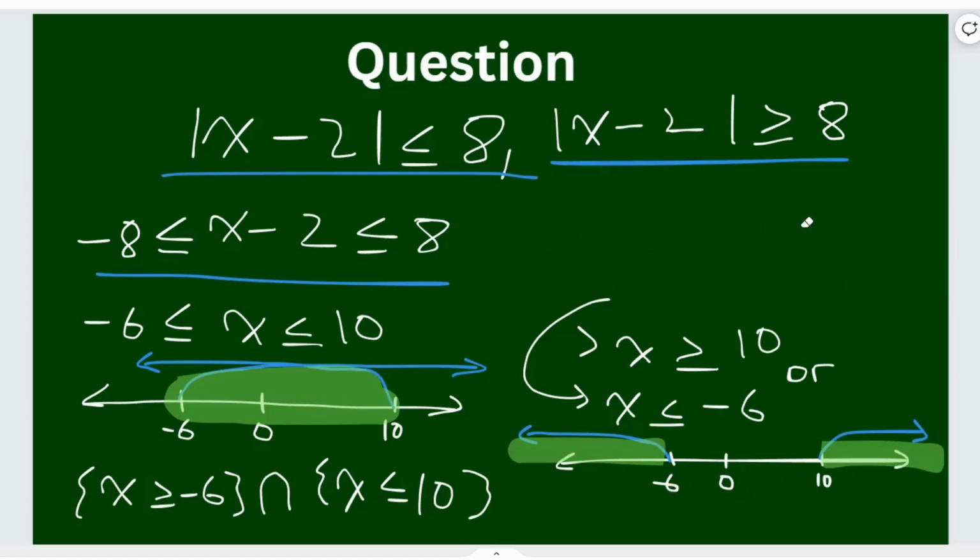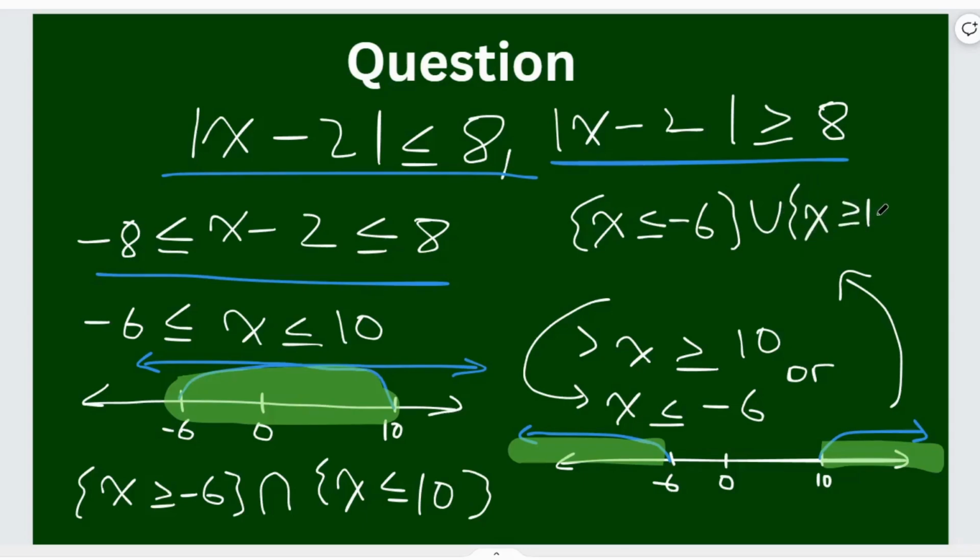What you get in return is the x values that are smaller or equal to negative 6, in union with the x values that are greater or equal to positive 10. And that is your solution for the second question.